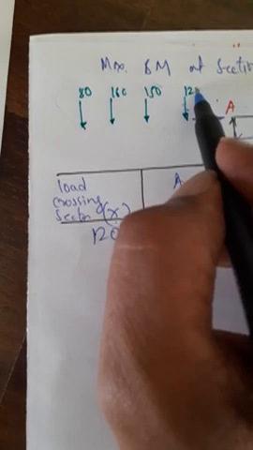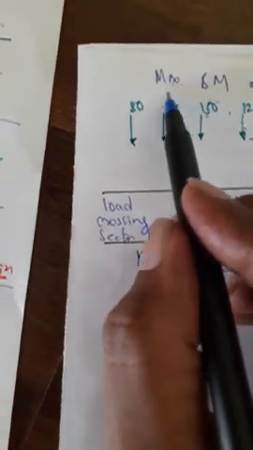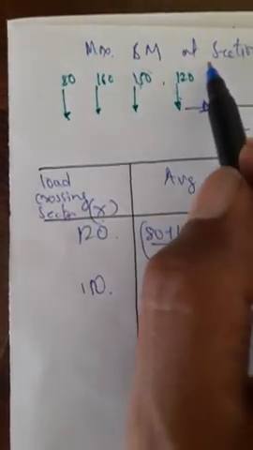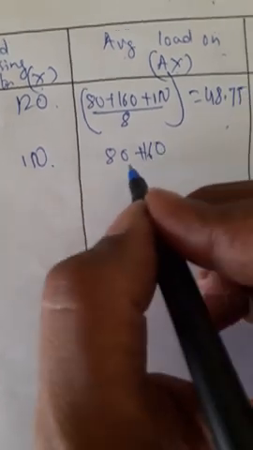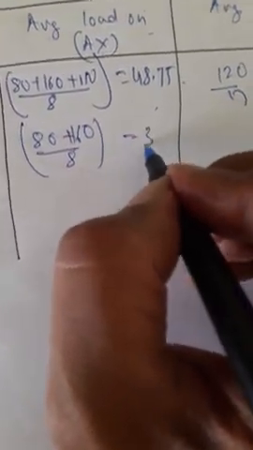Now let me say 120 has crossed, now 150 has crossed. So 150 has crossed means these two loads are on AX, these two loads are on BX. So average load on AX is 80 plus 160 divided by 8. So I have the answer 30.